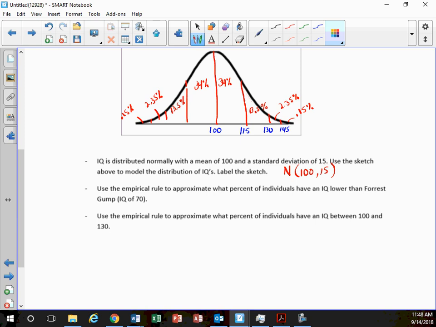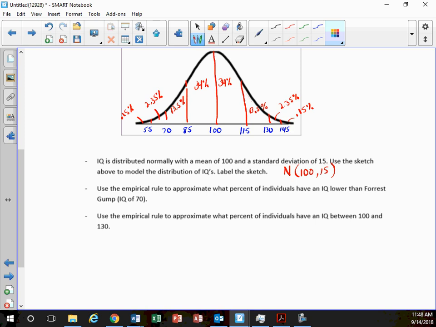And then going the other way, what's one standard deviation below? 85. 2 below? 70. And 3 below? Subtracting is hard, I know. 70 minus 15? 55, okay.